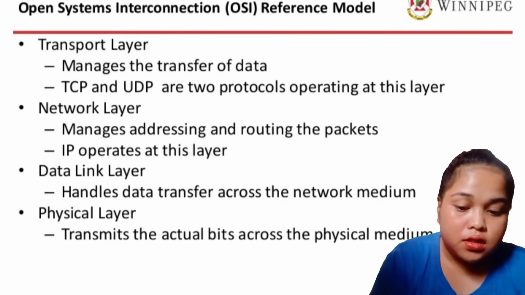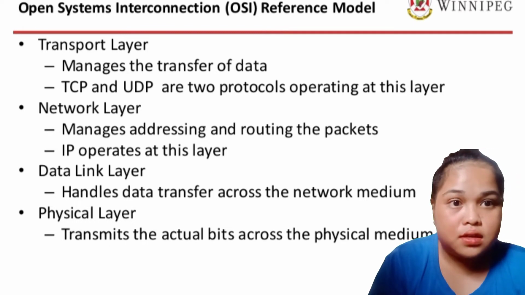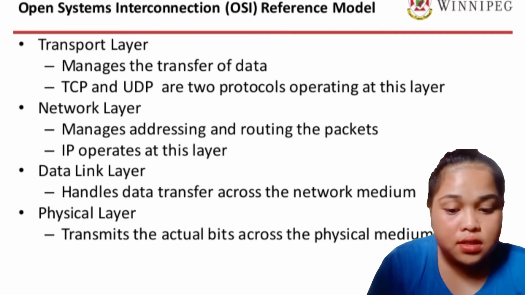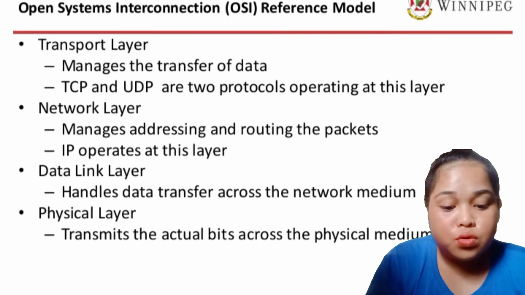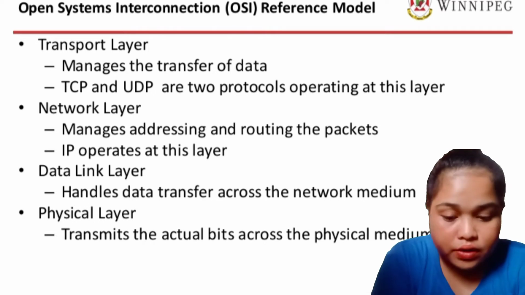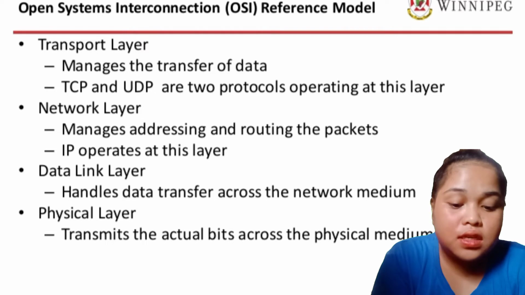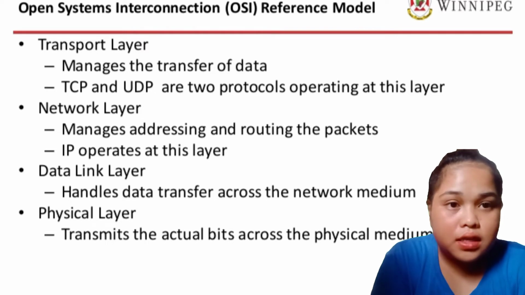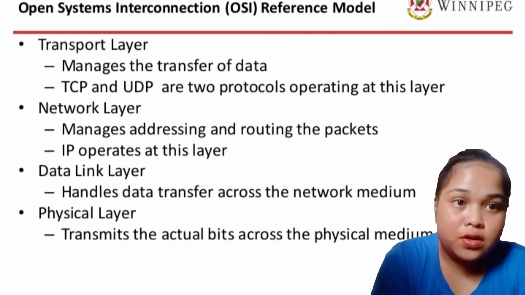Fourth, the transport layer. The transport layer manages the transfer of data, and TCP and UDP are 2 protocols operating at this layer. The fifth is the network layer, which manages addressing and routing of packets, and IP operates at this layer.